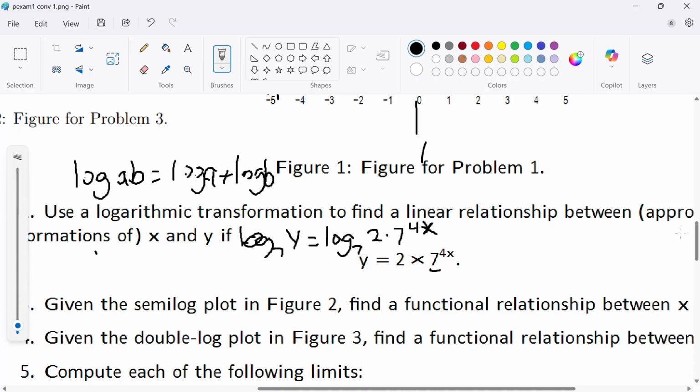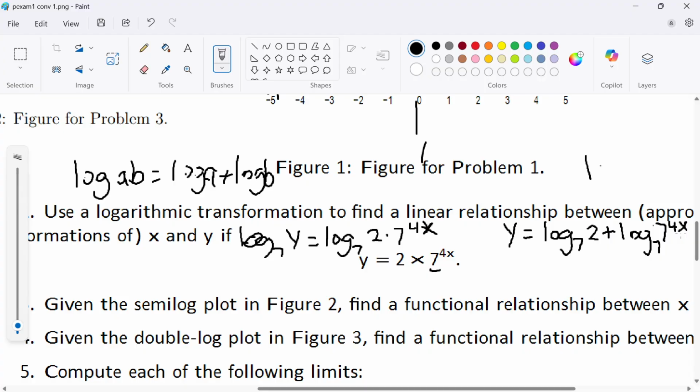I can say, y equals log base 7 of 2 plus log base 7 of 7 to the 4x. Not enough room to write it, let me write it over here.